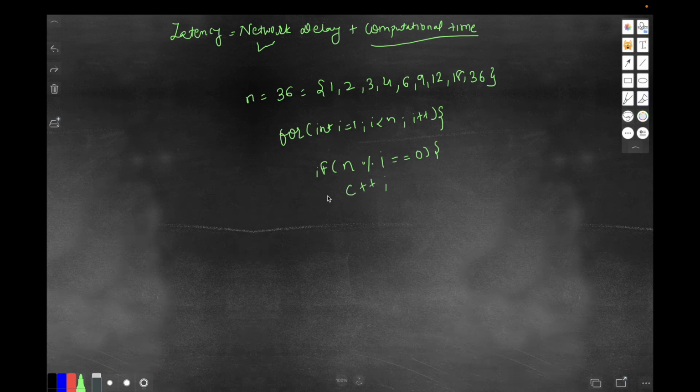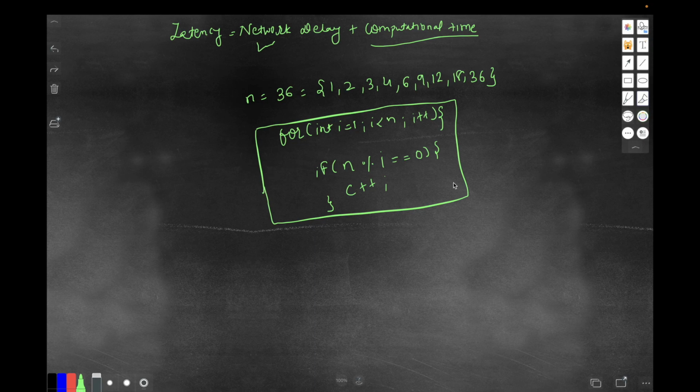Let's suppose I have made one counter that will keep the count of how many factors this particular number has. This is a very simple program that will give all the factors of a given number.